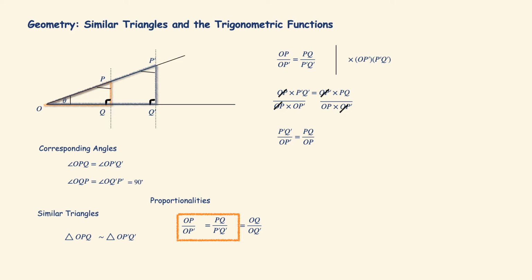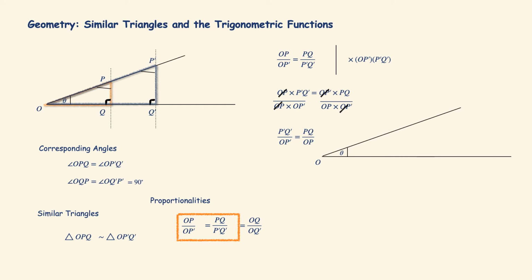This is something students are expected to be extremely fluent and familiar with, and I put it here in details for the first and only time in the class, just to remind you how we do those algebraic manipulations. So after rearranging that original ratio, we have P prime Q prime over OP prime has to be equal to PQ over OP. Now let's see what this means for our triangles.